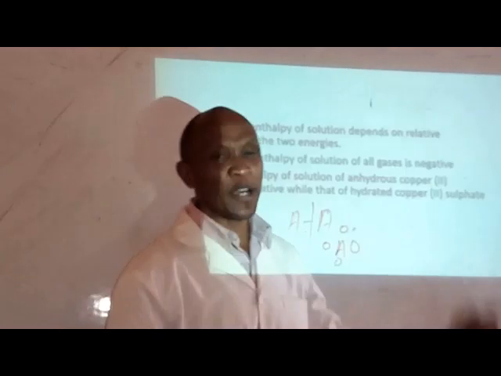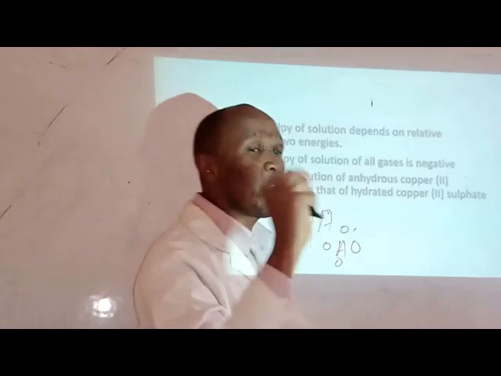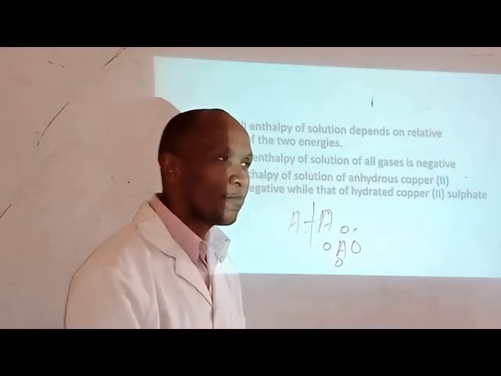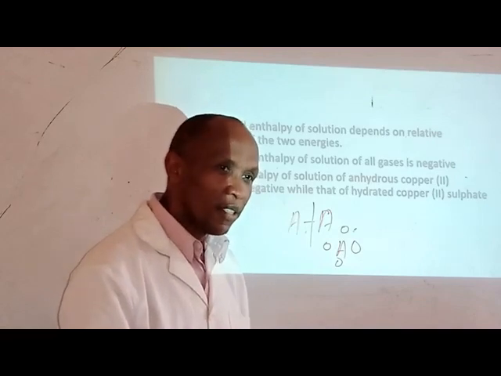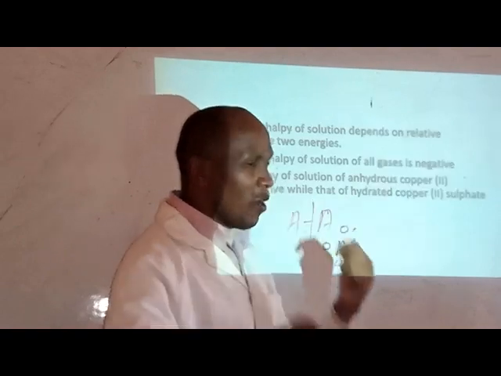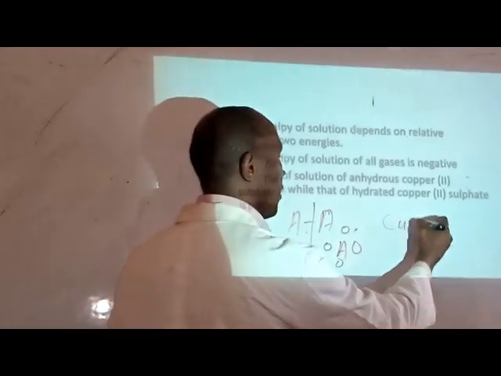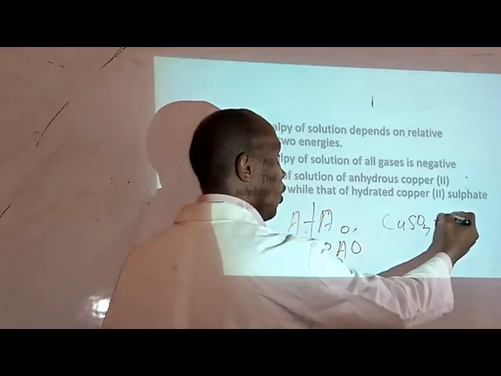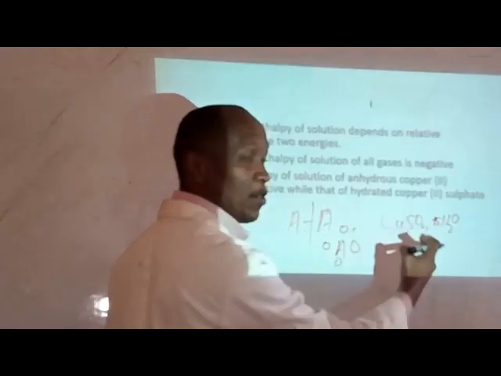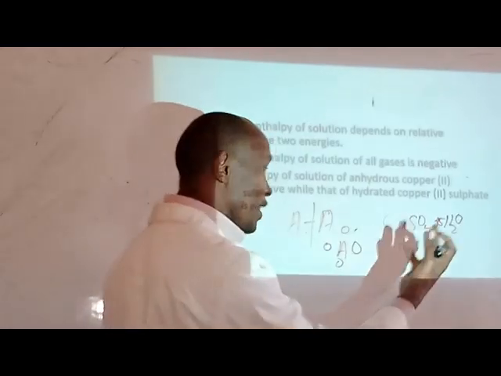When you dissolve anhydrous copper 2 sulfate, you get energy. But when you dissolve hydrated copper 2 sulfate, you need energy. Why do you think that is so? I know some thinkers have already said that when you form the hydrated copper 2 sulfate from the copper sulfate, you hydrate it partially, adding some water molecules, and some energy is of course produced.